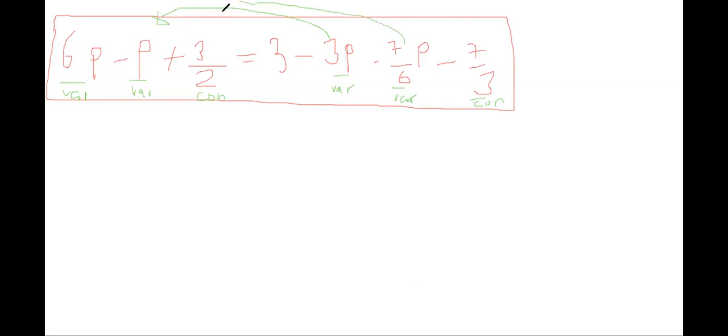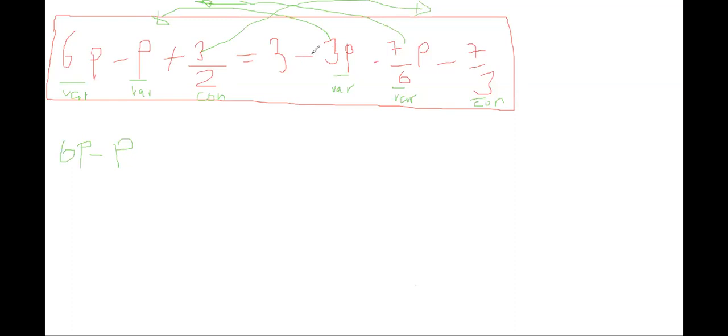And remember, when we did it in high school, if a variable or a constant is transferring to the other side of the equation, it has to change sign. So these ones will go in this direction, and their signs we have to change. So if we do the transfers, this will be 6p minus p. This will transfer.